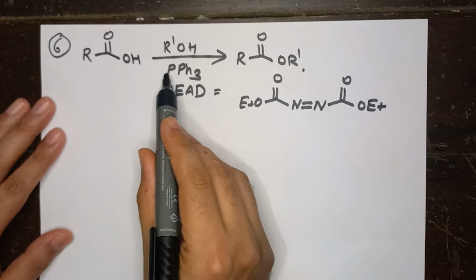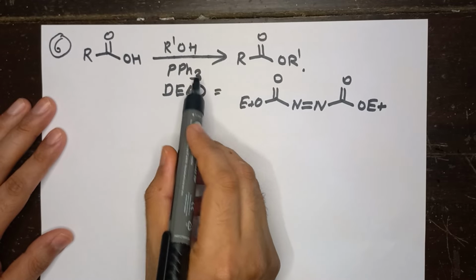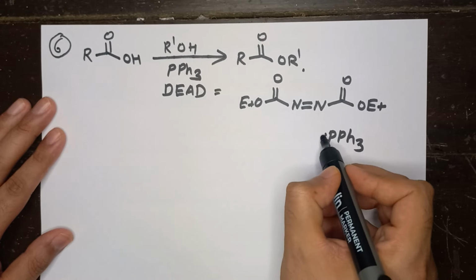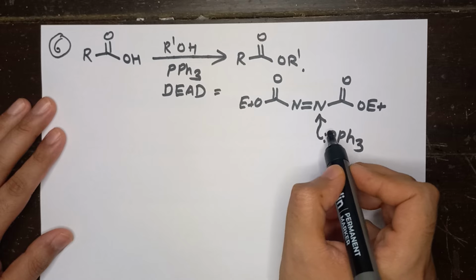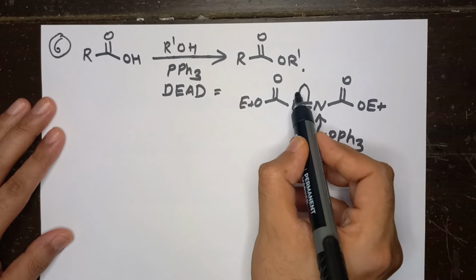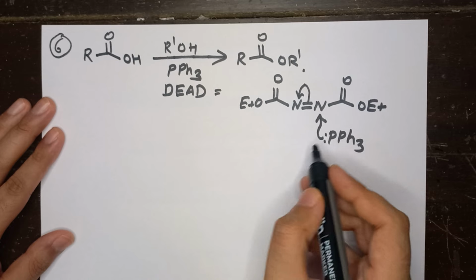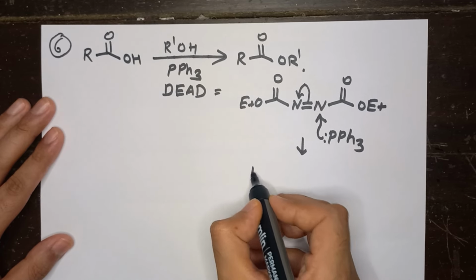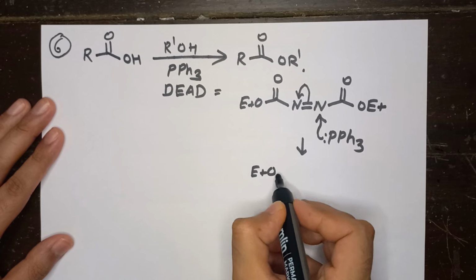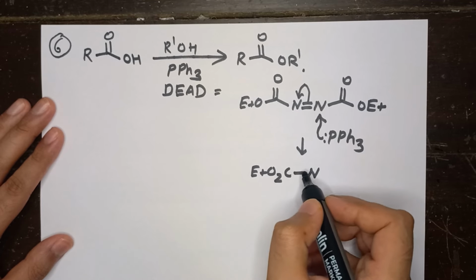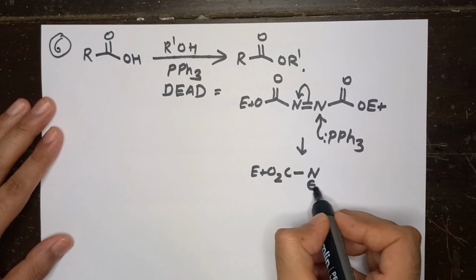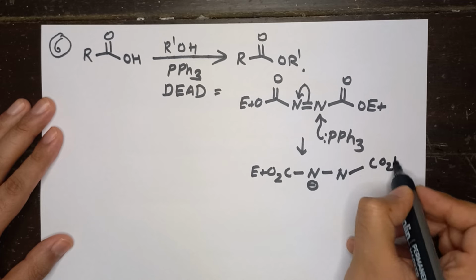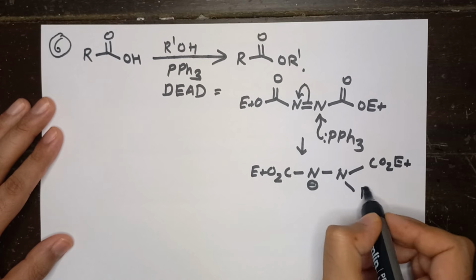Okay, so first this PPH3 and DED will react among themselves. So we have a PPH3, so its lone pair will attack at this nitrogen, and this double bond will fall on nitrogen atom. So we have CO2 ET, nitrogen bearing negative charge, singly bonded with nitrogen. We have another CO2 ET, and we have a PPH3 now.